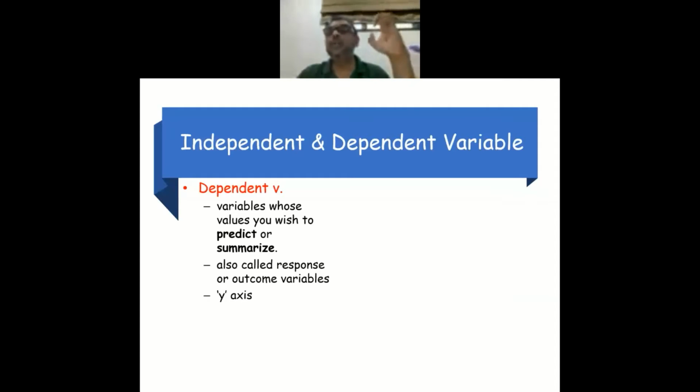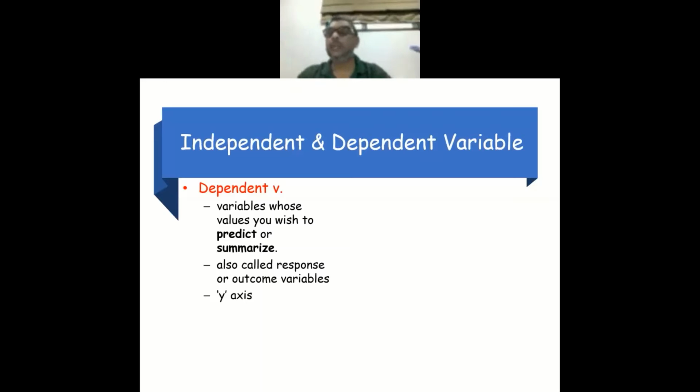So dependent variables whose values you wish to predict is also called the response, the outcome. You want to predict how much you will lose weight. How much will you lose weight? Okay. So losing weight is what we say is a dependent variable kerana ia bergantung kepada something else.